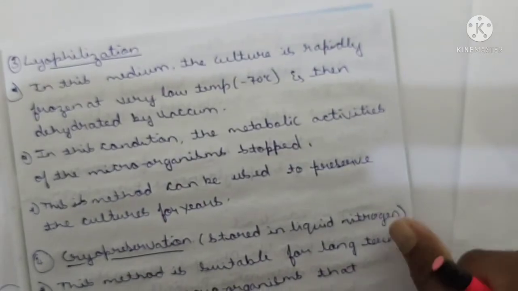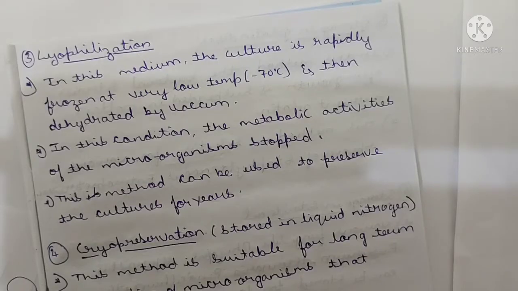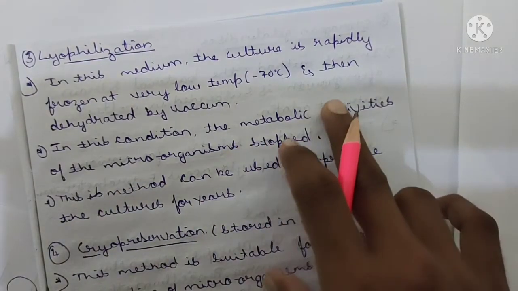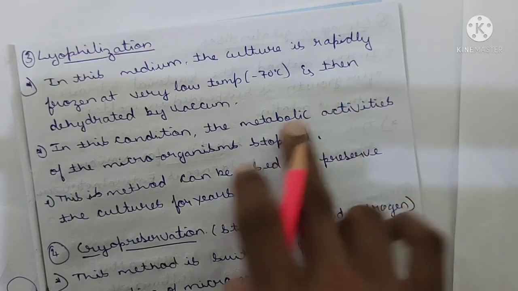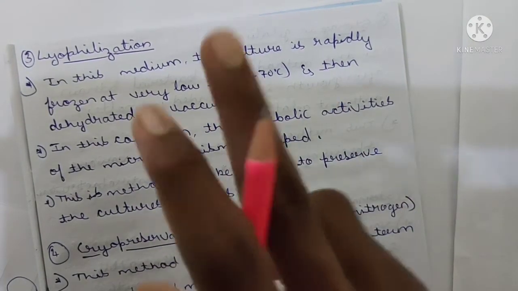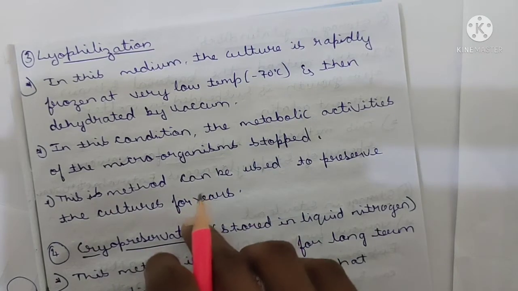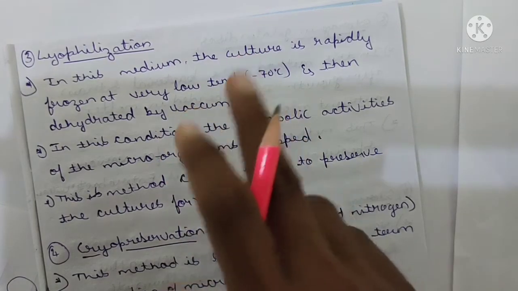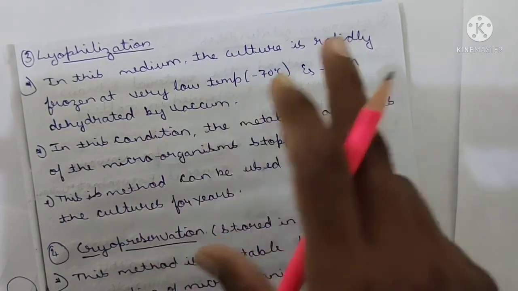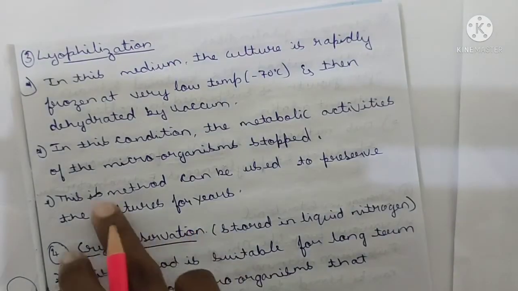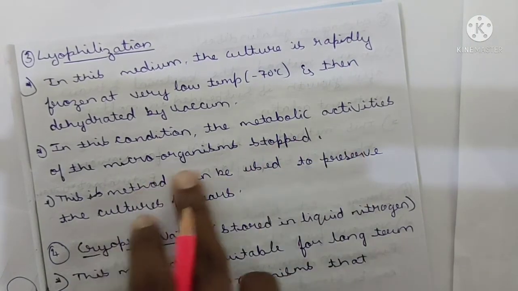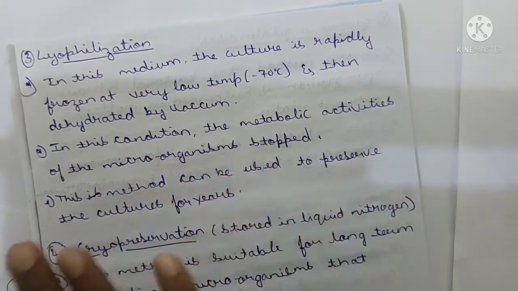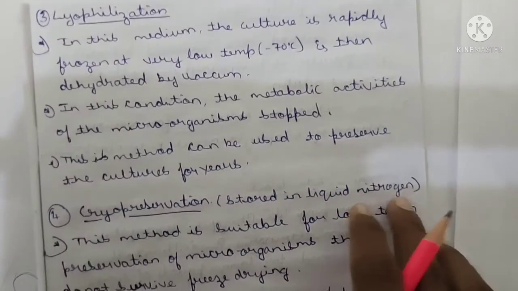Now the next one is lyophilization. In this method, the culture is rapidly frozen at a very low temperature, that is minus 70 degrees Celsius, and then dehydrated by vacuum. Under this condition, the metabolic activities of the microorganism stop, meaning no more growth of that microorganism.